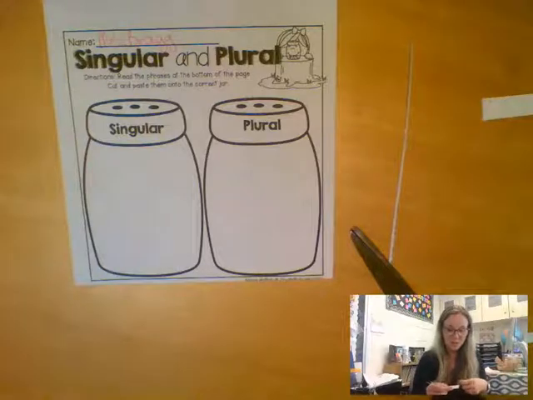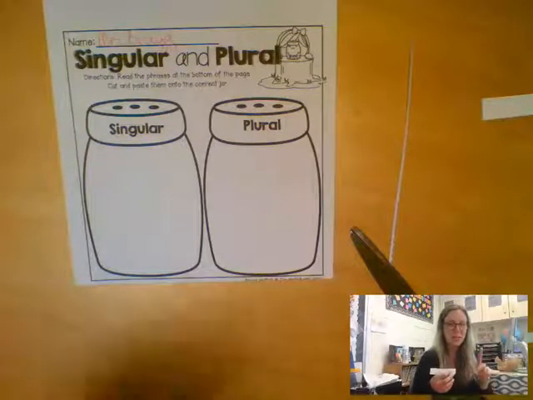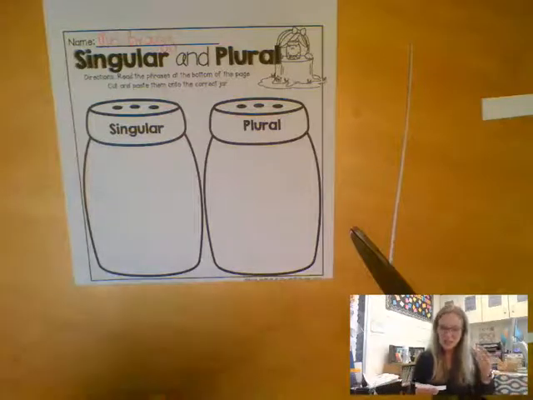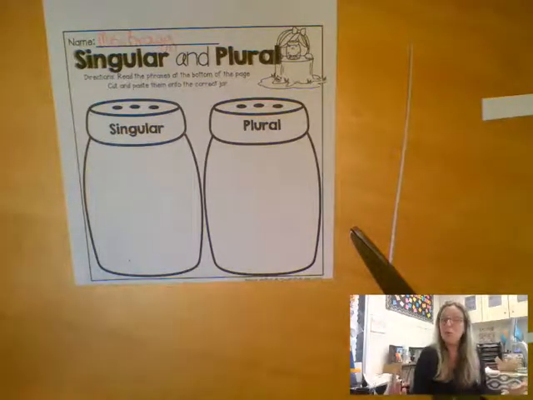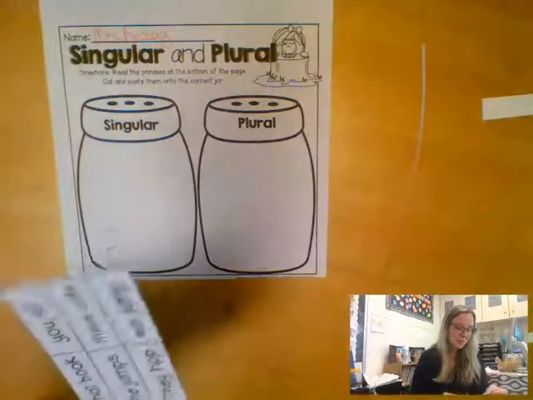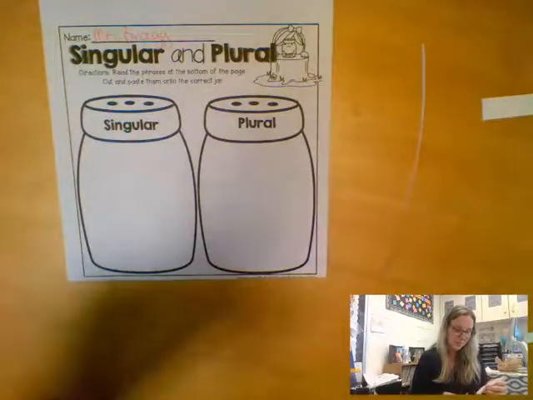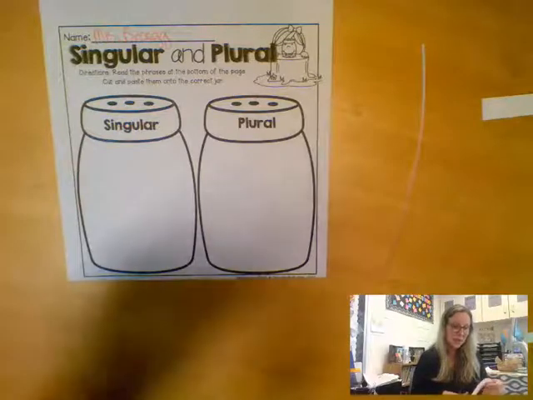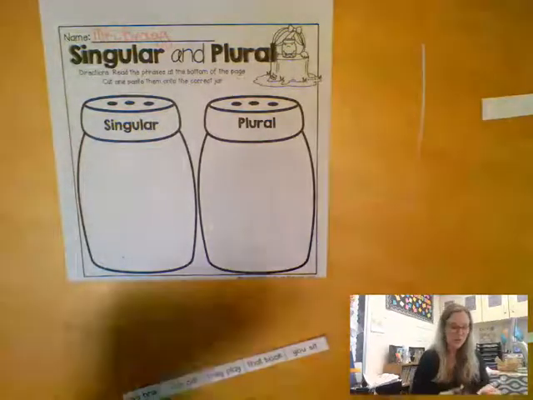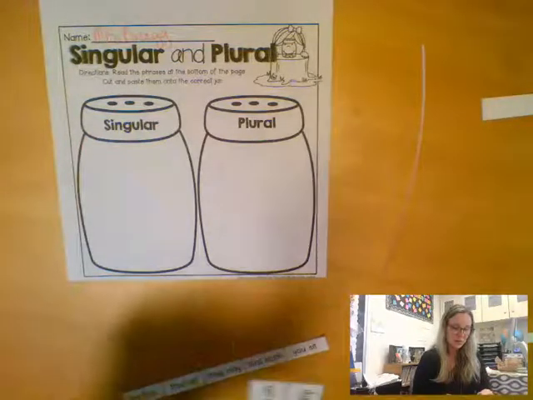And if it was singular, just one by itself, single, it usually did not have an S on the end. If it was plural, meaning more than one, it usually had an S. And again, that's a guideline, because some of them are not going to follow the pattern.